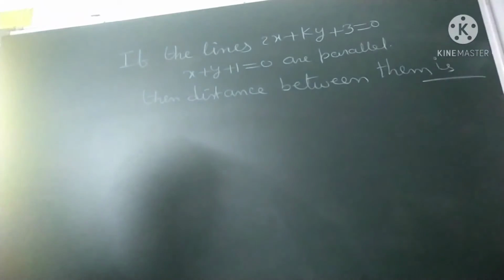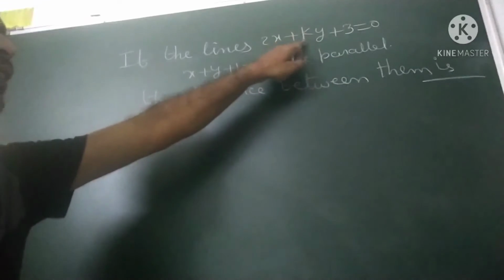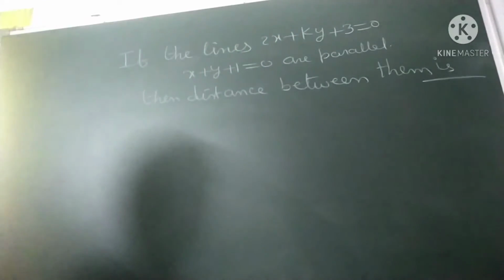So before, the problem gave both equations, but here one unknown is given. So first find this unknown, then find the distance between parallel lines.